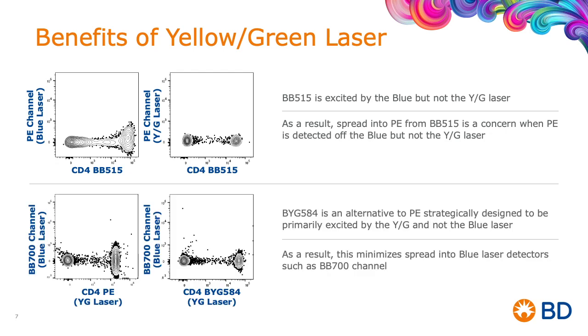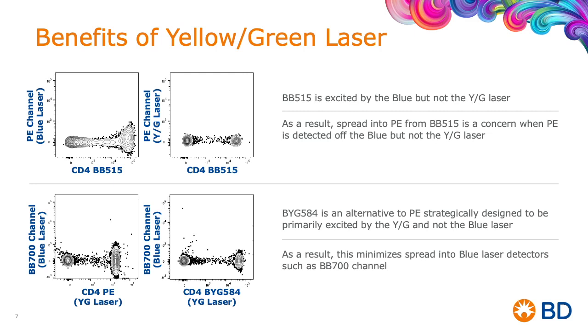Similarly, these allow us now to optimize and redesign alternative dyes. For example, BYG584 is an alternative dye to PE that was strategically designed to be primarily and almost exclusively excited by the yellow-green and not the blue laser. So if you look at this example on the bottom left, we have CD4 in conventional PE detected off the yellow-green laser.